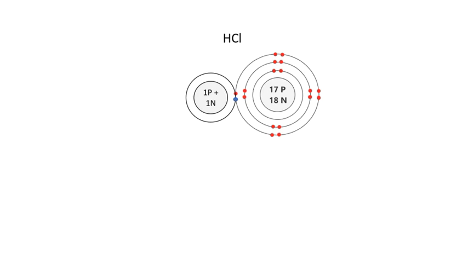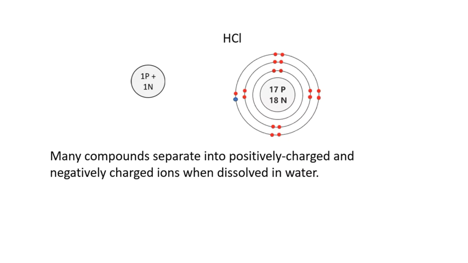So let's look at this definition we have, that many compounds separate into positively charged and negatively charged ions when dissolved in water. So you saw that those two moved apart. Now, what happened is I have hydrogen over here, but it doesn't have any electrons.